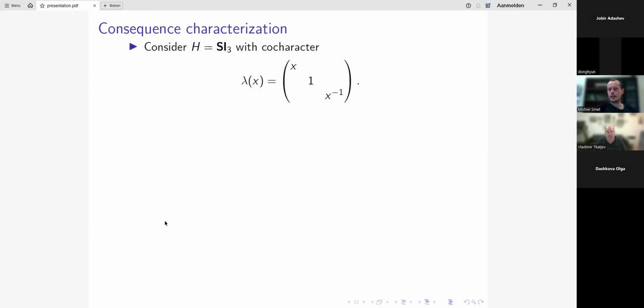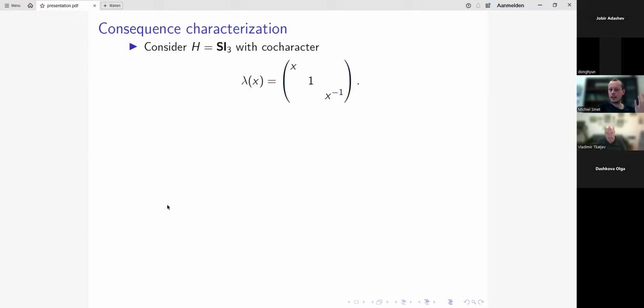This defines a co-character. What do I mean by the parabolic group associated to lambda? This will be the upper triangular matrices, and the unipotent radical of the upper triangular matrices will be the upper triangular matrices with ones on the diagonal.